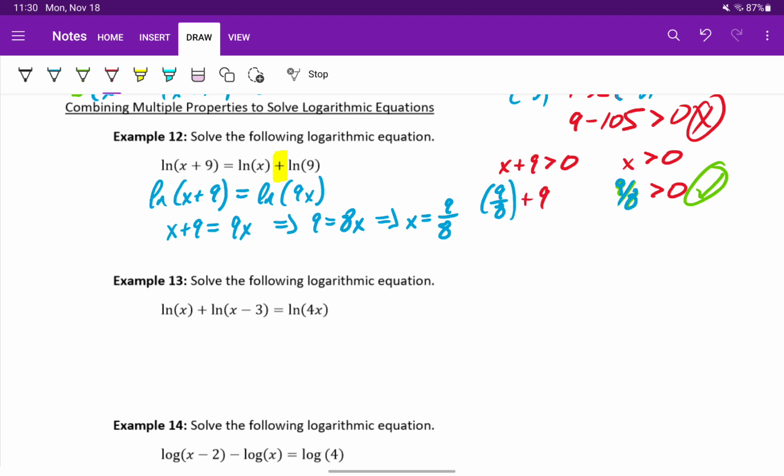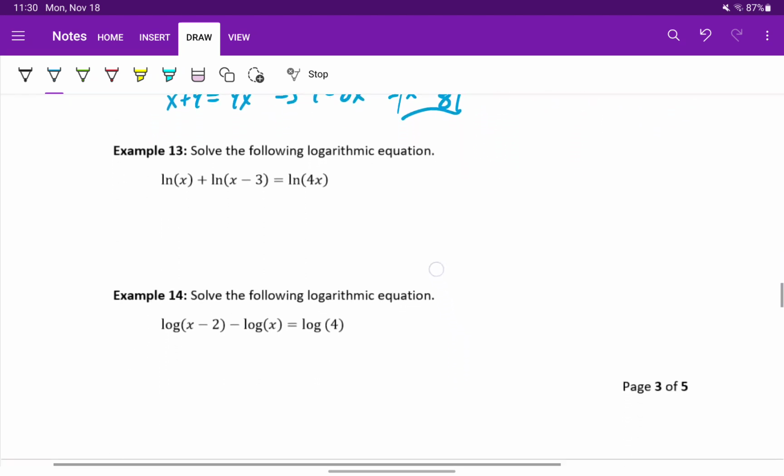Doesn't really matter what that would come out to be. We're taking a positive number plus a positive number. That's going to come out to be something positive, so that checks out. Since the value that we came up with is within the domain for each of those original log expressions, x equals 9/8 is a valid solution.